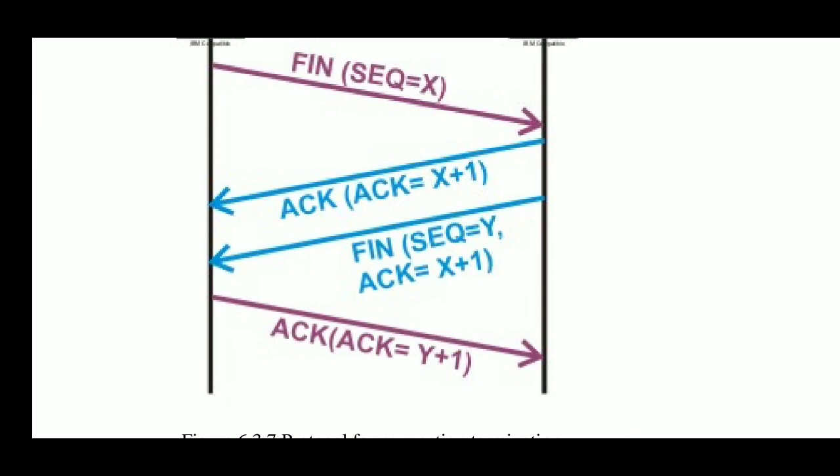In step 3, the server can still continue to send data, and when the data transfer is complete, it sends a FIN segment to the client. Then the client sends an acknowledgement segment which acknowledges the receipt of the FIN segment sent by the server. So the connection is terminated after this 4-way handshake protocol.